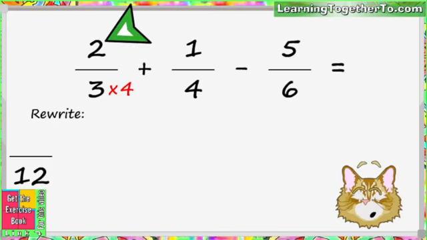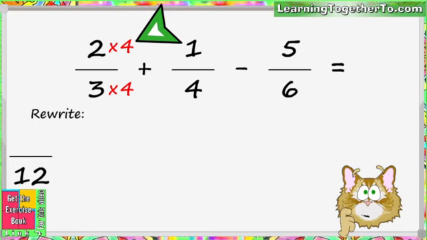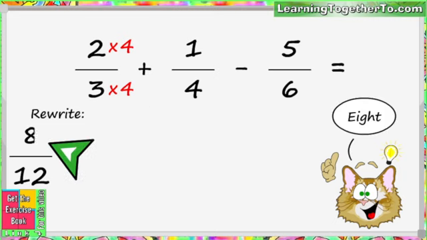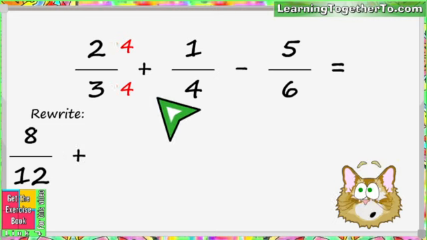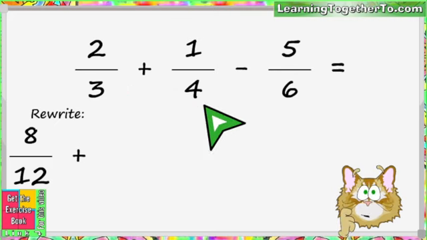Remember, Frank, whatever we multiply the denominator by, we must also multiply the numerator by. If we multiplied our denominator by 4, we must also multiply our numerator by 4. 2 times 4 is equal to 8. Very good, Frank.